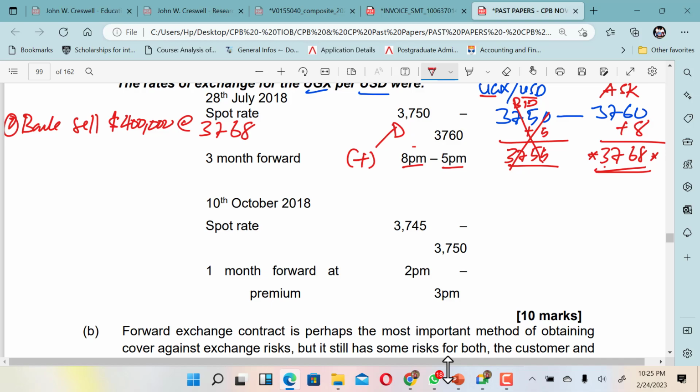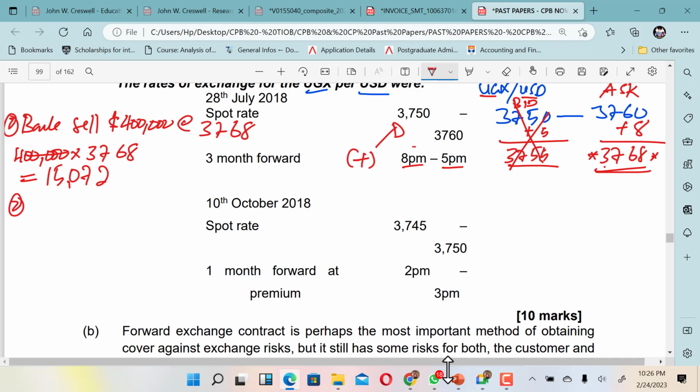Now all I have to do is to multiply the 400,000 by 37.68. Here you're going to end up with 15,072. I'm going to get rid of all these zeros. I don't need them. Alright, so I'm going to end up with this one.